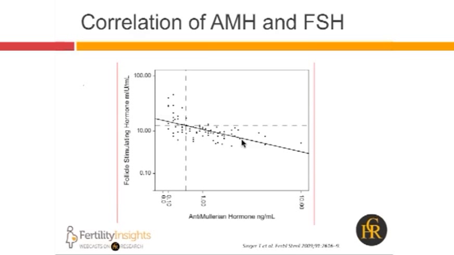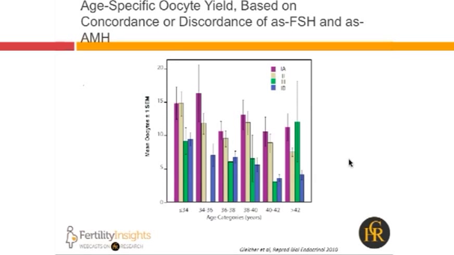But before I come to those combinations, AMH and FSH obviously correlate quite well, as this correlation coefficient demonstrates, but they do not do so equally well at all ages, as this study we published in 2010 demonstrates, where you have different combinations of normal AMH and FSH, normal AMH, abnormal FSH, abnormal AMH, normal FSH, and both of them abnormal at different age groups.